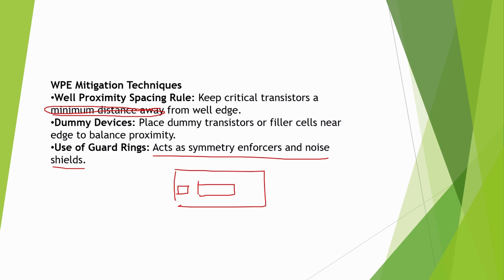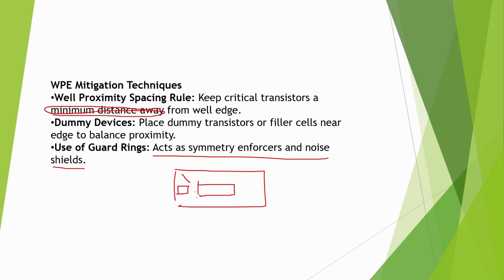In an interview they may ask you, if I keep a device far from the well edge, can I say there is zero WP effect? At that time you should answer, we cannot say it is zero, because we still do not have a guarantee that some ions are not scattered at this location.